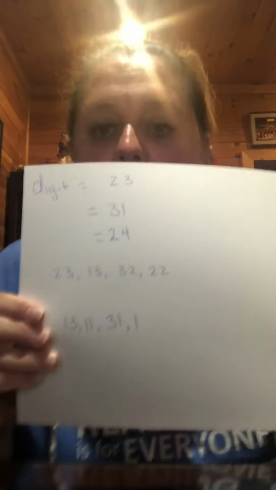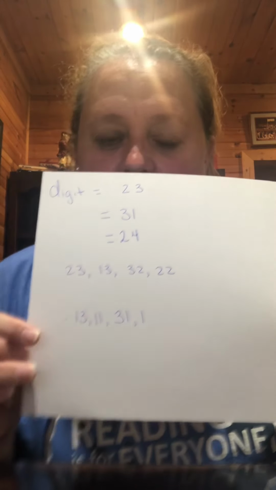Let's do one more set, and I'm going to ask you the same questions, and you will say the answers. You ready? Let's look at them. 13, 11, 31, and 1. That's your numbers.